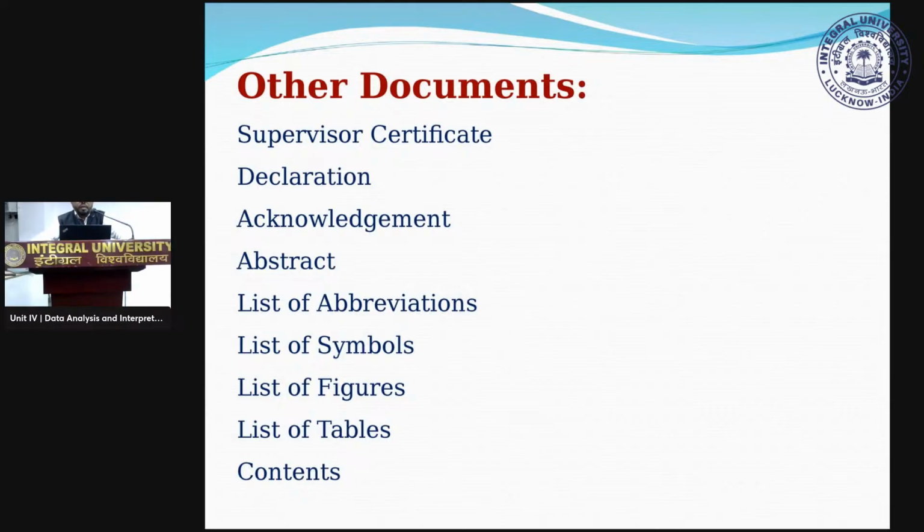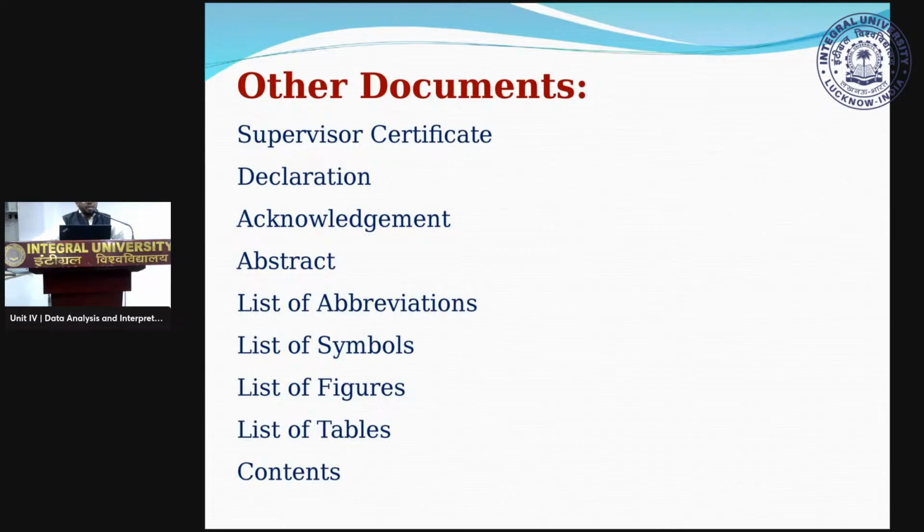Abstract is the summary of your entire thesis. Is the abstract prepared at the last of the thesis or at the first? Last. If you prepare the abstract at the last, it will give a clear, correct picture of your entire work. Then the list of abbreviations, the list of symbols you are using in science, and the list of figures and tables are also there.